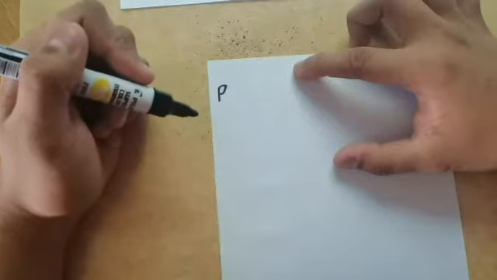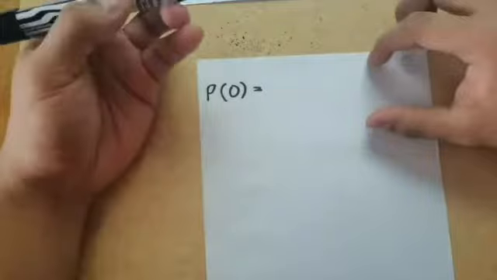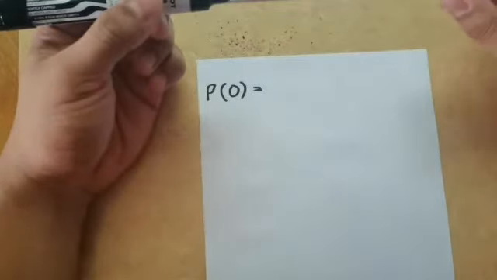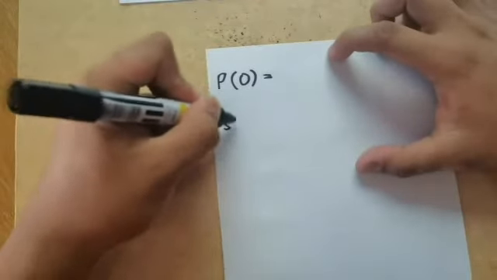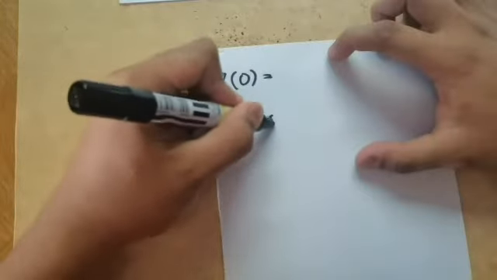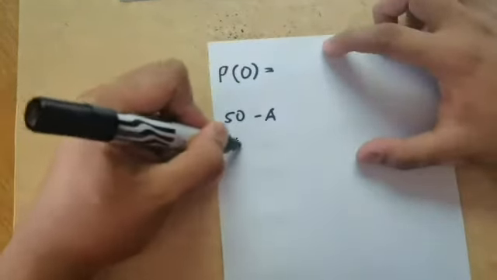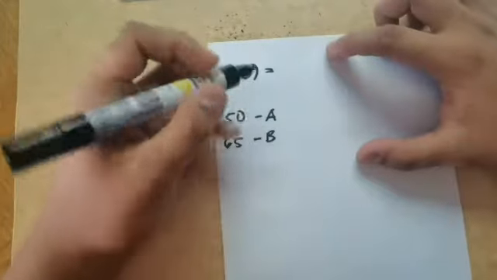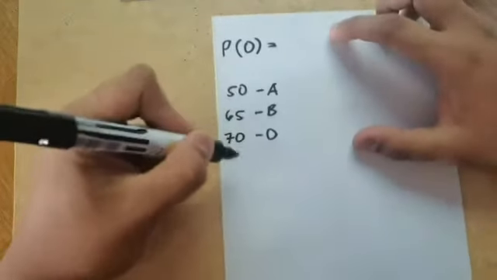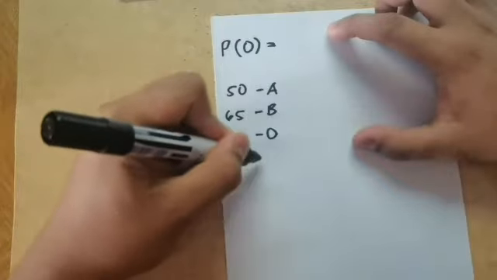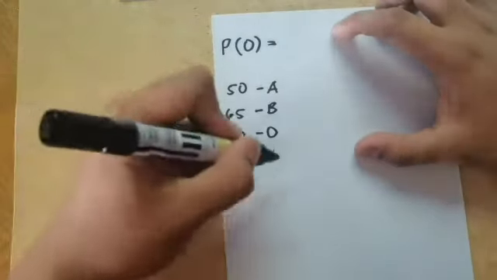So the probability of an O blood type person to be picked is equal to the number of O blood type people. Wait, let me write first the given: 50 blood type A, 65 blood type B, 70 blood type O, and 15 blood type AB.